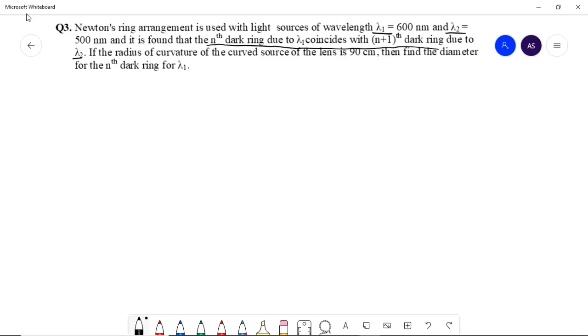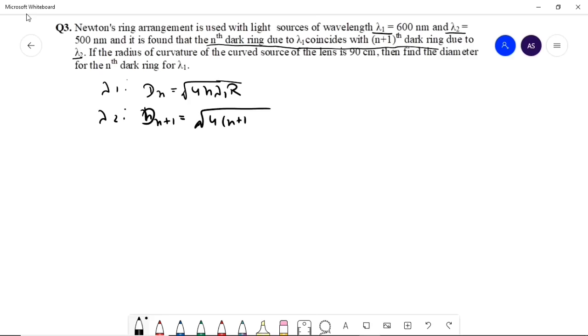All of you know the condition for a dark ring. The diameter of the dark ring due to lambda 1 is equal to the square root of 4n lambda 1 R, where R is the radius of curvature, and due to lambda 2, D(n plus 1) is equal to the square root of 4(n plus 1) lambda 2 R, as per the question.